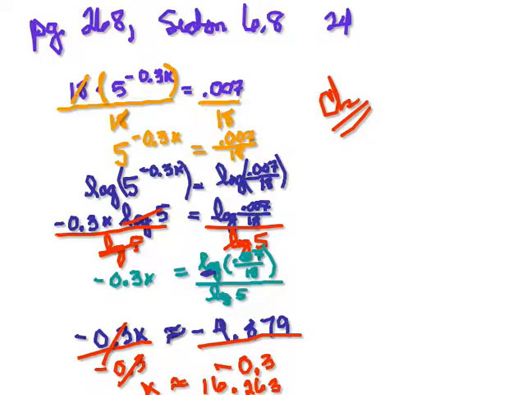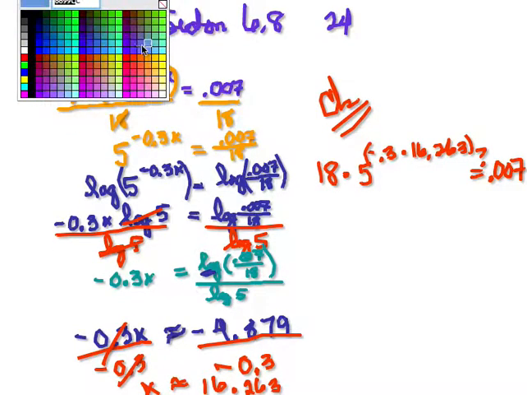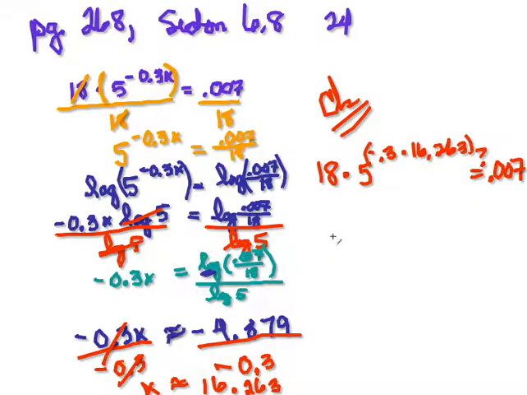Go check it. All I have to do is put that in for x and see if it works. Does 18 times 5 raised to the -3/10 times 16.263 equal 7 thousandths? That's the question. Are these equal? And the answer is yes.